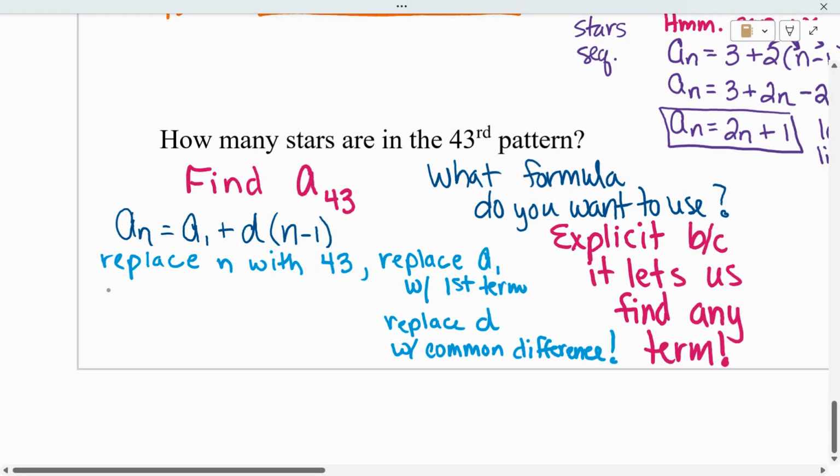So let's see. A sub 43, we're replacing the n with a 43, equals. What was the first term in the star pattern?